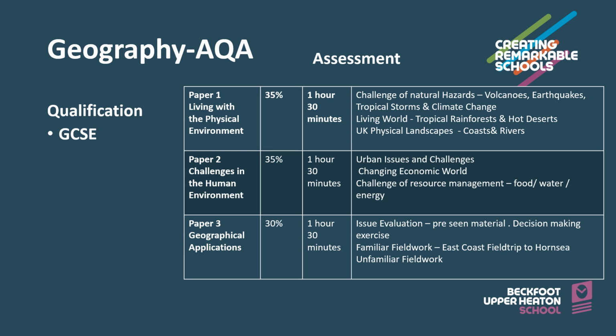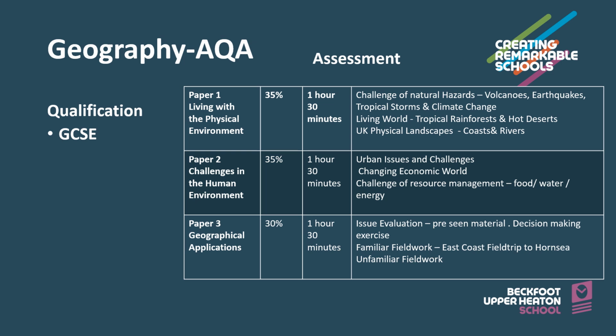In year 11, students study the second part of UK physical landscapes, where we look at rivers. We then go on to resource management, looking at the distribution and consumption of food, energy and water, where we then further focus on the food unit within the UK.